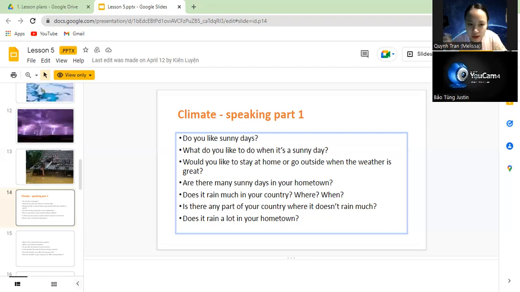Yeah. So a spell of good weather means a period of good weather, just a period of time of good weather. Like today is a spell of good weather, maybe. Yeah, you can say a spell of rainy weather, a spell of sunny weather, and so on. Just a period of time of that weather.